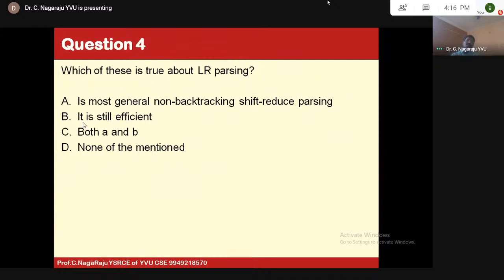B: it is still efficient. C: both A and B. And D: none of the mentioned.